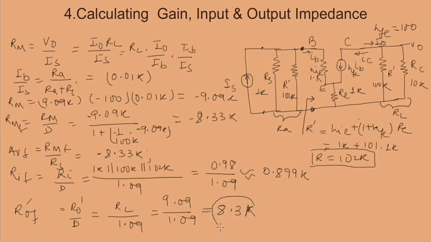So this is ROF dash, this is RIF dash, this is RMF. These are the calculations when we consider RE as 1K, right? So we have done all the calculations with RE 0 and RE 1K. The only difference this RE makes is in the input resistance offered by the transistor. It increases by (1 plus hfe) times RE.